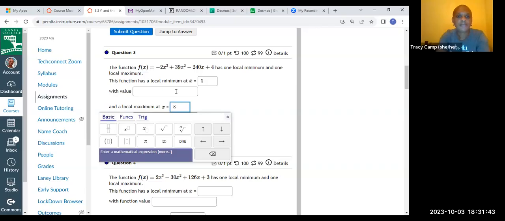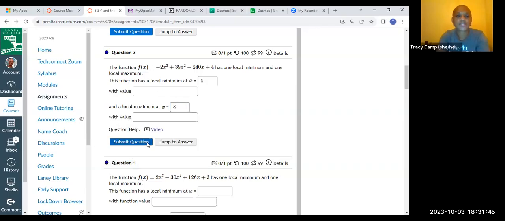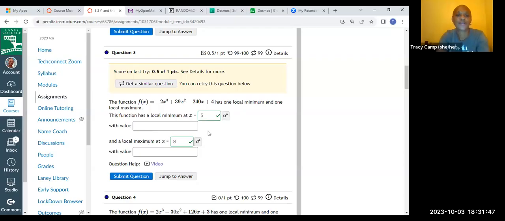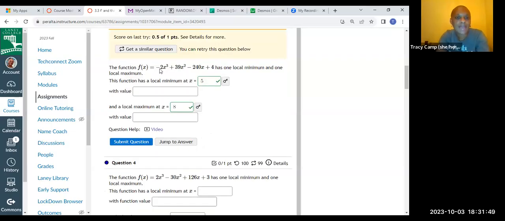And then for the values, let me just check my answers. So far, so good. For the values, what they're asking you to do is to plug in the number. So plug in 5 for x, and make sure you use the original function. Just use f of x, don't use the derivative or anything.